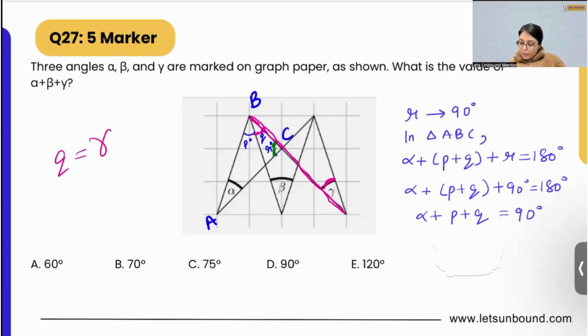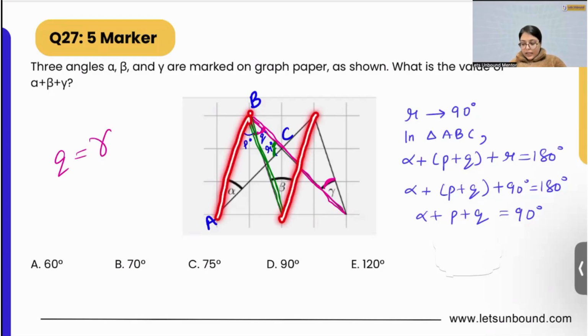What about P and beta? Let's use the similar property. Let me use the green line now. So you can see these two lines. You can see this line is again acting as a transversal. And these two lines will be parallel.